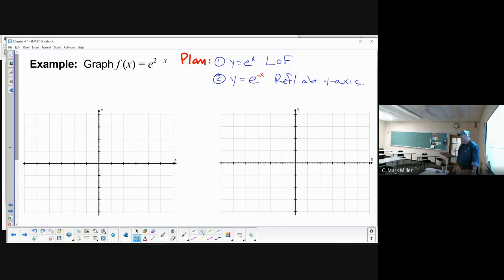Don't write down what I'm about to do, or if you do, be prepared just to cross it out as being the wrong way. The wrong way would be to do this: y equals e to the 2 minus x.